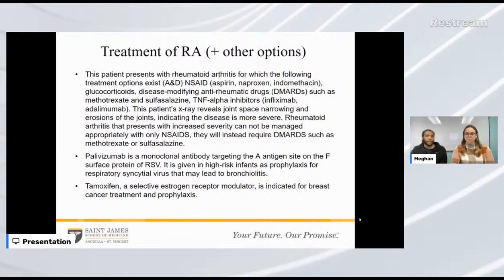If this patient had been like 20 and just now noticing, for the past couple of days, that they were waking up with swelling, pain, and stiffness, then that would be more of a time to start with the NSAIDs to try and get ahead of the disease process as opposed to the DMARDs, because the DMARDs do come with side effects that some people aren't as willing to accept, but that's generally why they're reserved for more severe disease.